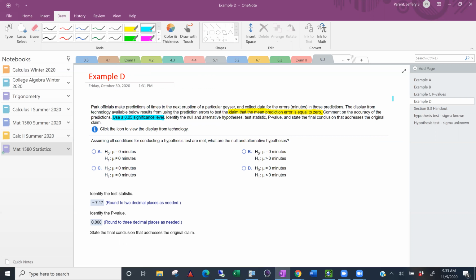To give you a clue, the geyser is Old Faithful, and they collect data for errors in minutes in those predictions. The display from technology available below results from using prediction errors to test the claim that the mean prediction error is equal to 0. Comment on the accuracy of predictions, use a 5% significance level, identify the null and alternative hypotheses, p-value, etc. So they're actually going to give you some information here. So we'll do kind of like part of a statistics problem, or part of the work here.